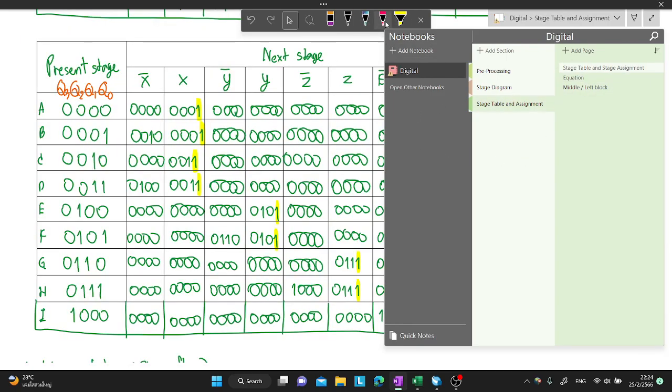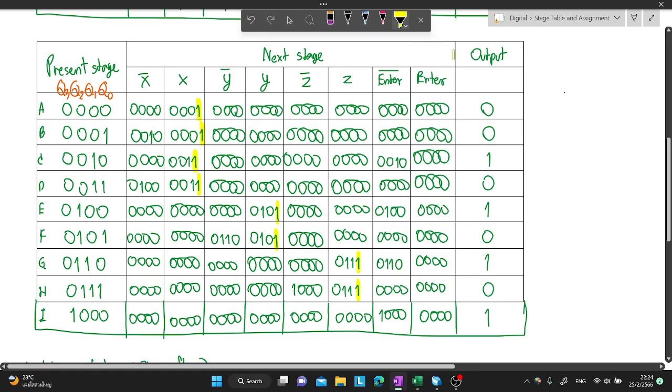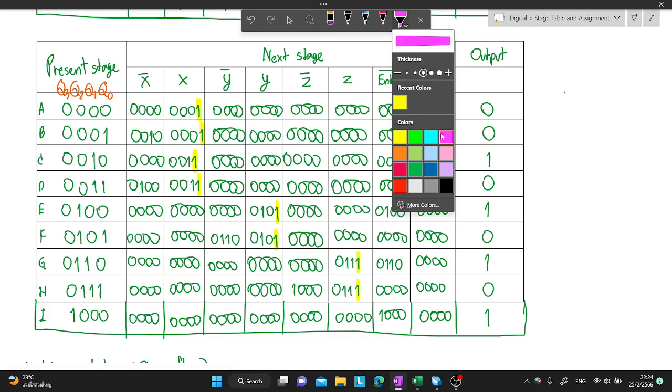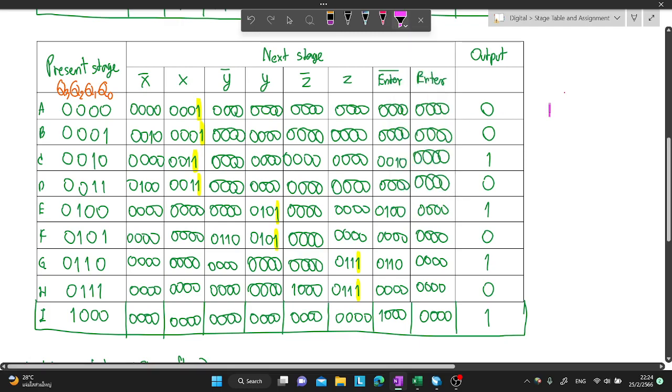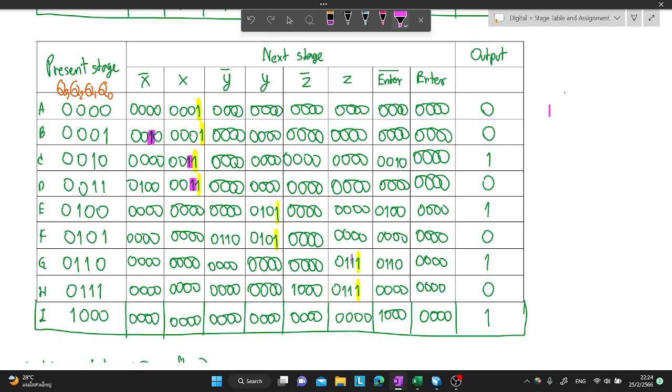back to state assignment. Choose Q1, which is 1. It's right here, right here, right here, yeah, right here.